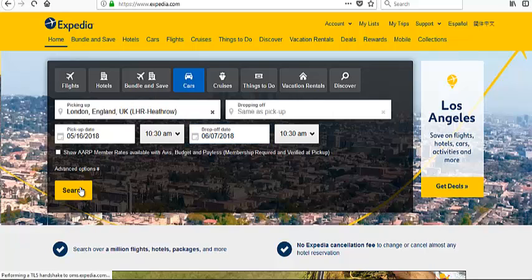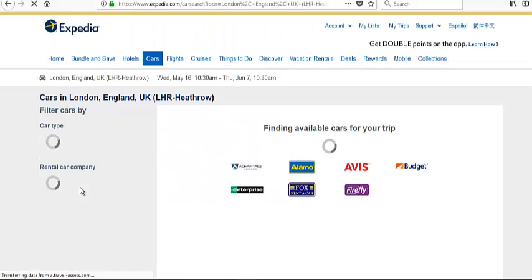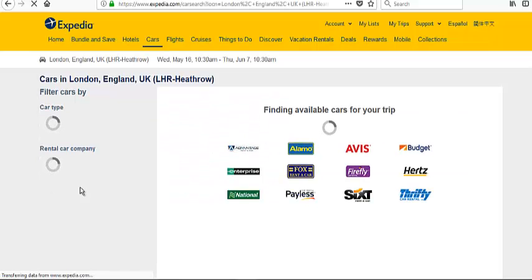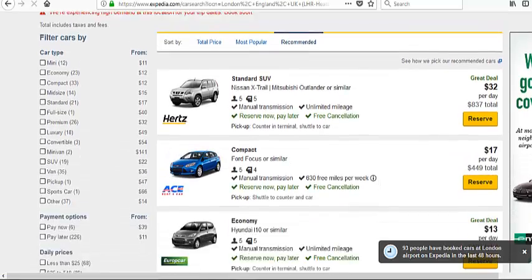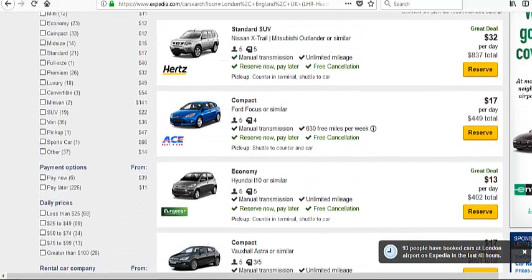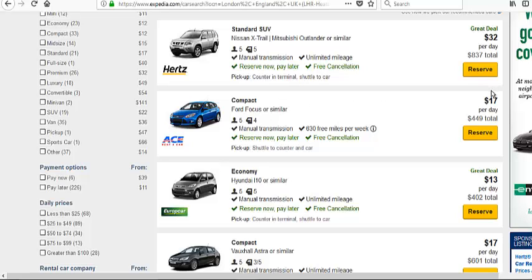So I push the search button, and it's going to search for cars. So here, see, $17 a day. I like that. Okay. So for a total of 3 weeks, it's going to cost me $449.